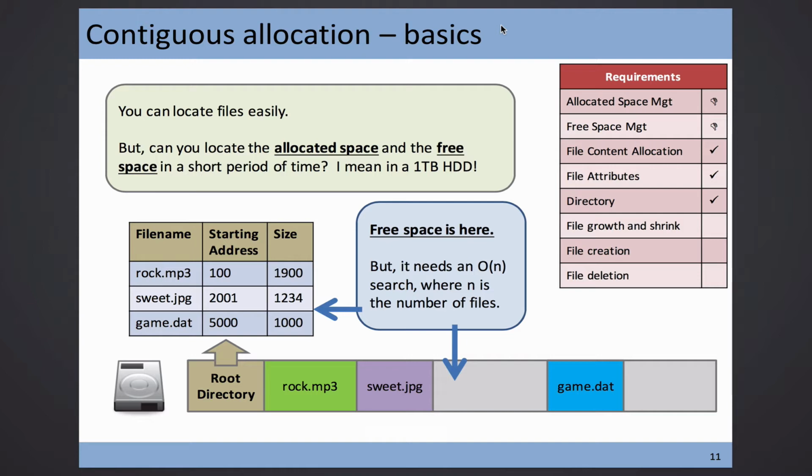Every time I have 3 items: name, starting address, size. For every file you can create a structure, call it the directory entry structure, and we have 3 structures written as an array.